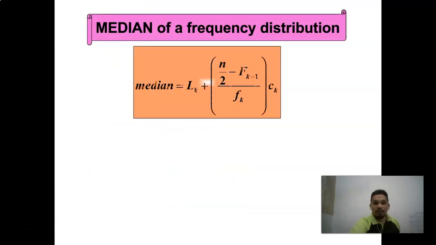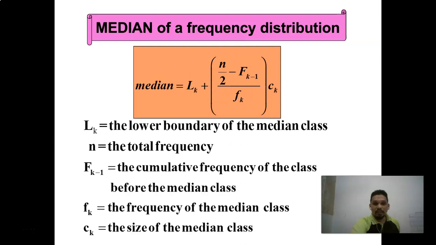For the median of frequency, this is the formula. Lk stands for the lower boundary of the median class, N the total frequency, F(k minus 1) the cumulative frequency. Look at this one here: the capital letter F and the small letter f, the frequency of the median class, and the size of the median class.